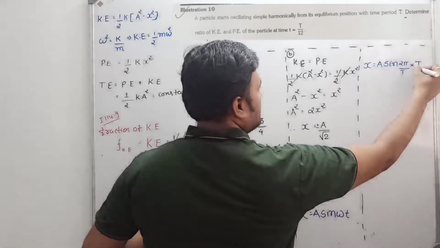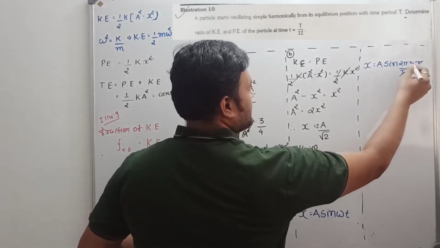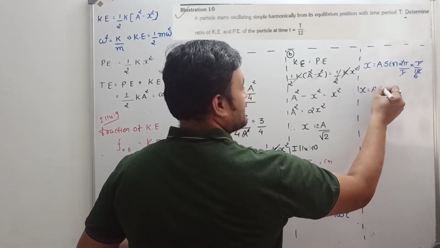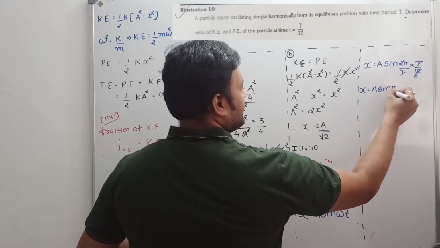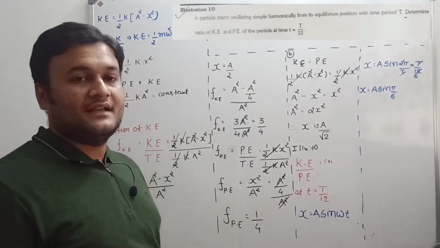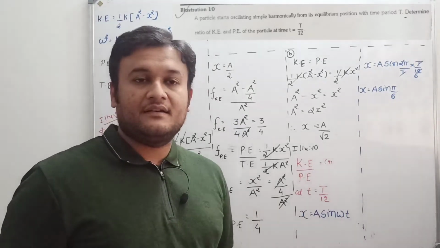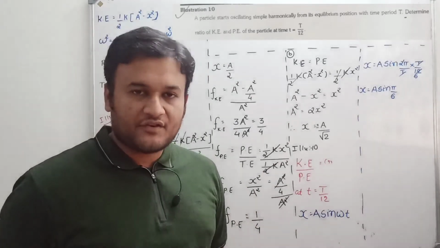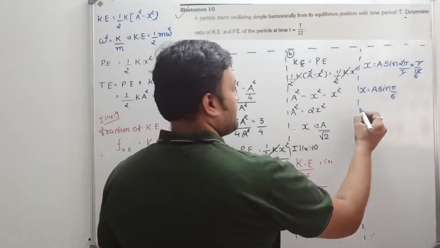So T cancels, here the 2, here the 6. So x is equal to a sin pi by 6. What is the value of sin pi by 6? Sin 30, 1 by 2. So x is equal to a by 2.